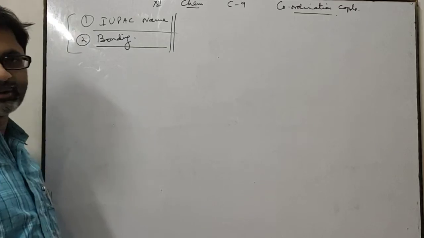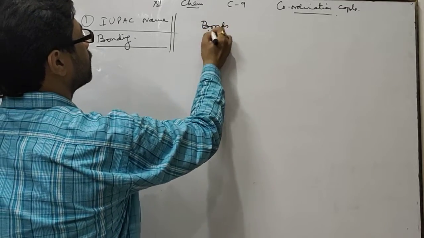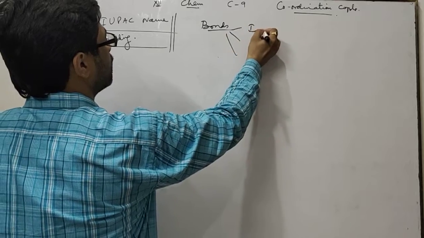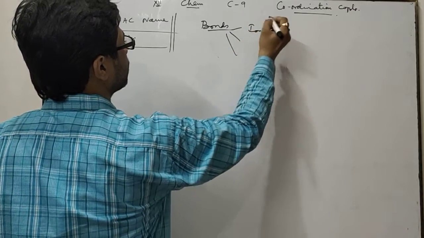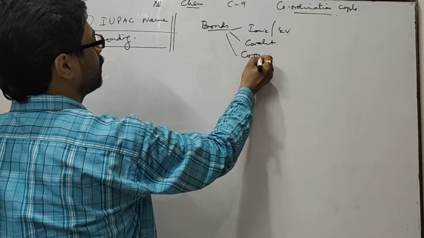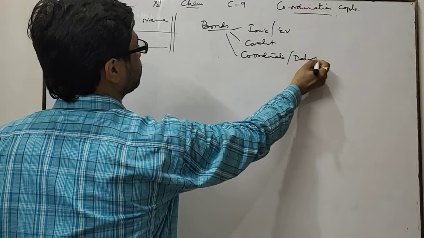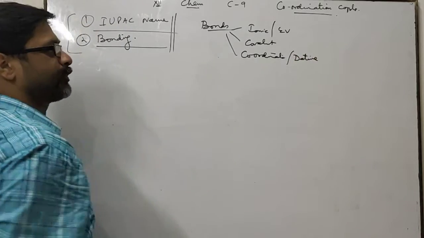What is a coordination compound? You know that bonds are of three types. First one is ionic bond, or you can say electrovalent bond. Second one is covalent bond, and third one is coordinate bond, or you can say dative bond. This is a special type of bond.